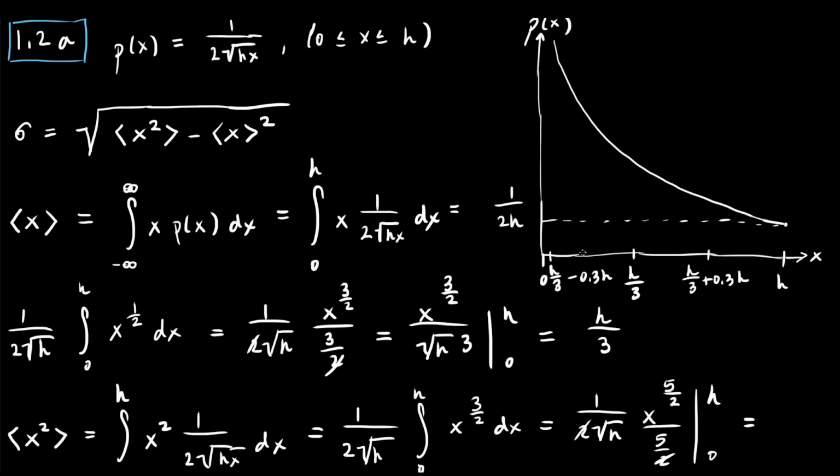And in order to find the probability of picking a random photo outside of the standard deviation, we have to take the integral in these portions of the graph. So from 0 to the leftward boundary of the standard deviation, and then from the rightward boundary of the standard deviation to h. So these will be the bounds of our integrals.